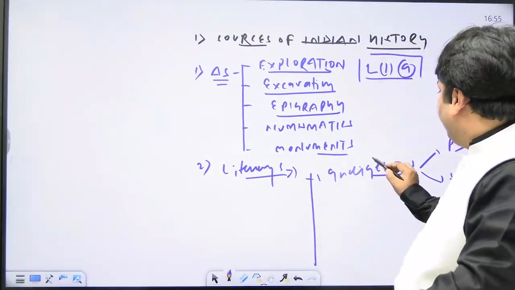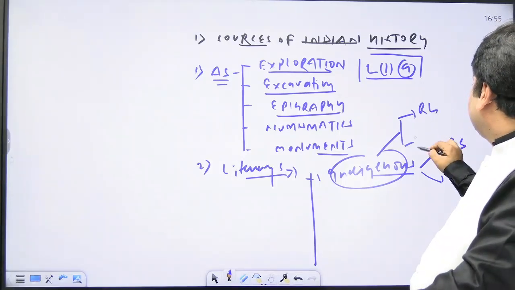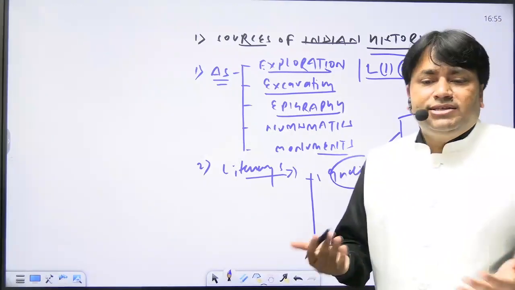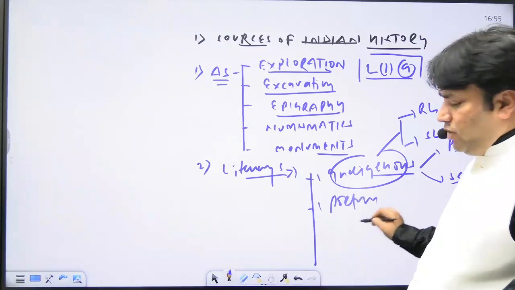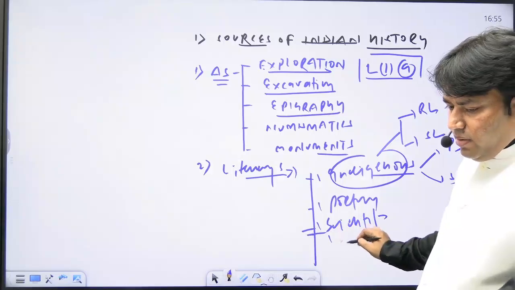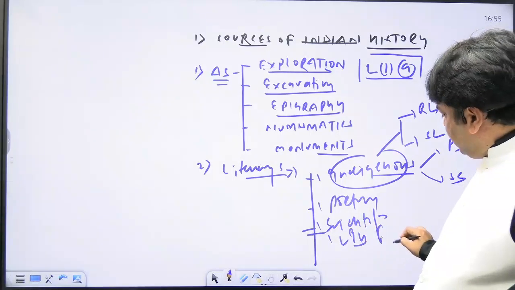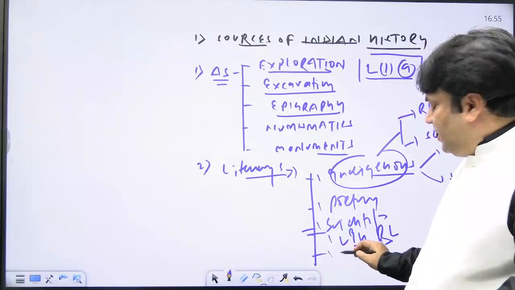So you also need to understand what religious literature is and what secular literature is. There is another index that says poetry, a basic idea about scientific literature, a basic idea about literature in regional languages, for example Sangam literature, regional literature.